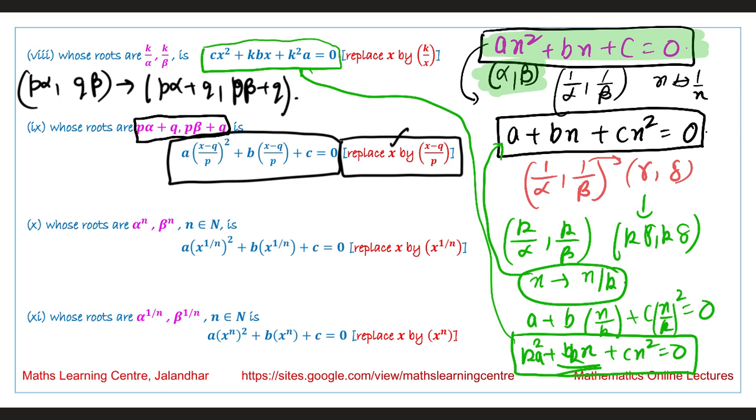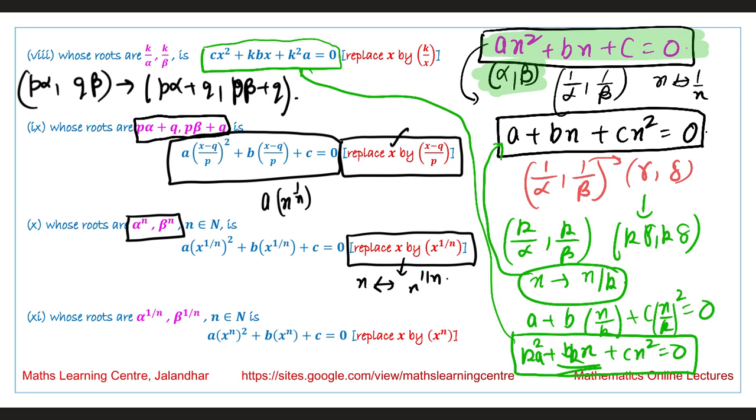Next, if the quadratic equation has roots alpha and beta, and we want to find the equation whose roots are alpha raised to the power n and beta raised to the power n, then we have to replace x by x raised to the power 1 by n. So the equation will become a x raised to the power 1 by n square plus b x raised to the power 1 by n plus c is equal to 0.